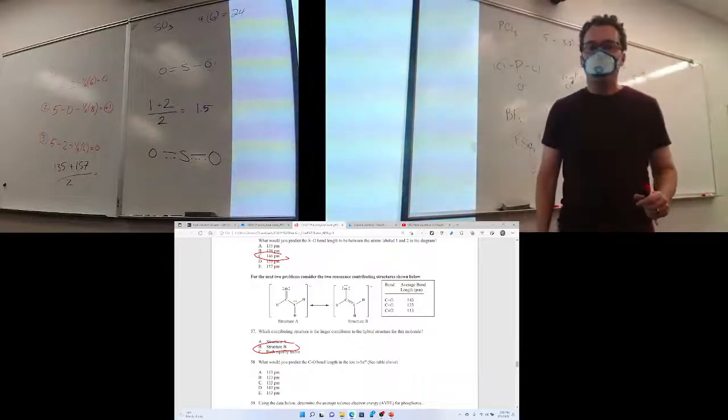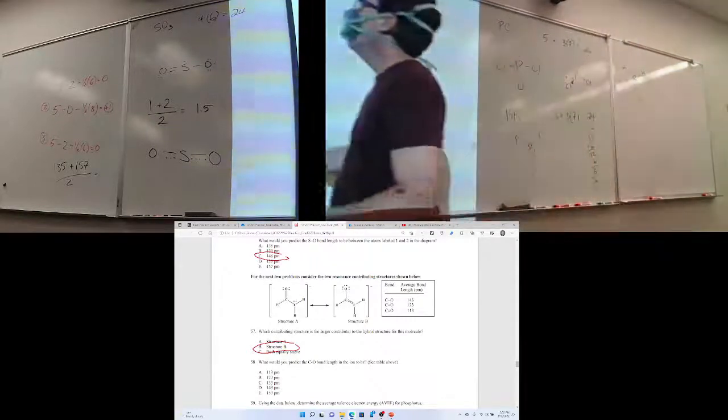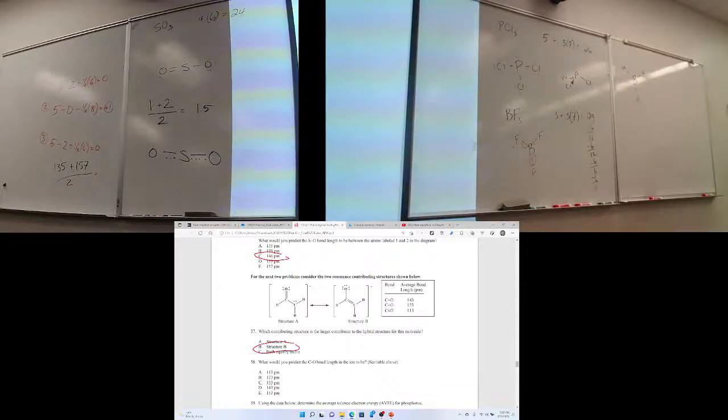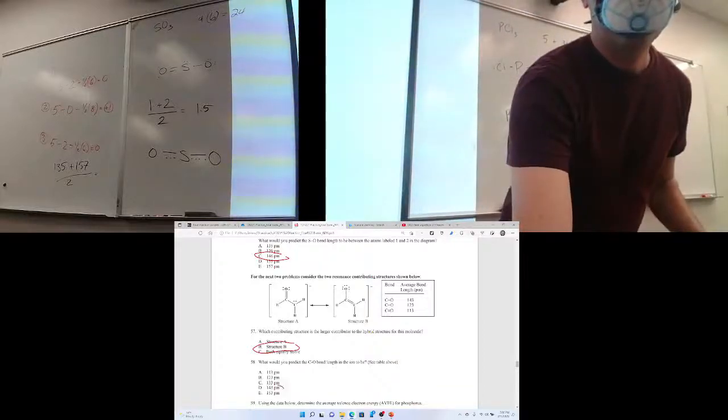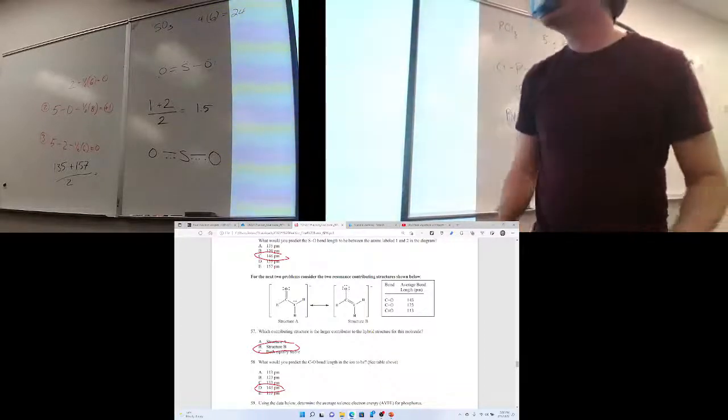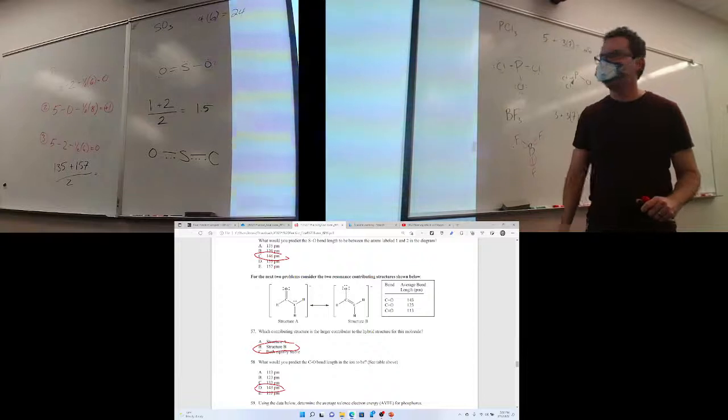So if you had to predict what the CO bond length is going to be, it's going to look a lot like this one, because this is the dominant resonance structure. So 143 is your option, and I would circle 143 because I think that is a much more stable version of the structure than structure A is.